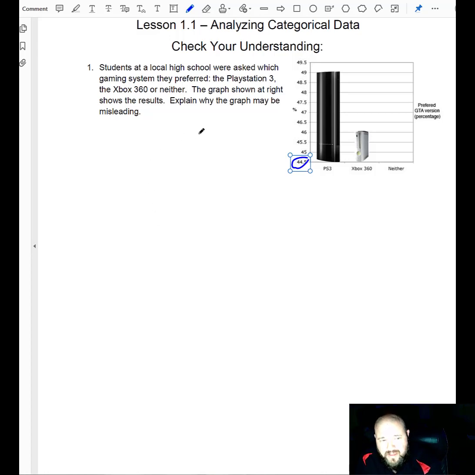So, it does not start at 0, and therefore the difference in the heights is exaggerated.